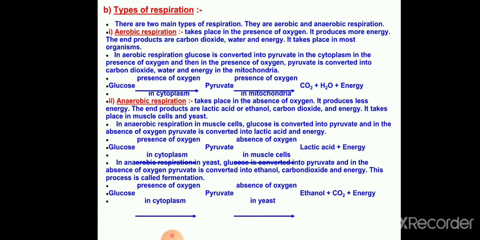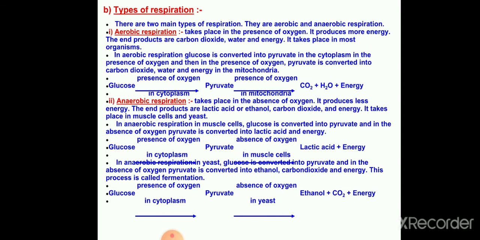When we are discussing respiration, there are two main types: aerobic and anaerobic respiration. Aerobic respiration takes place in the presence of oxygen and produces more energy, and the end products are carbon dioxide, water, and energy. It takes place in most organisms.